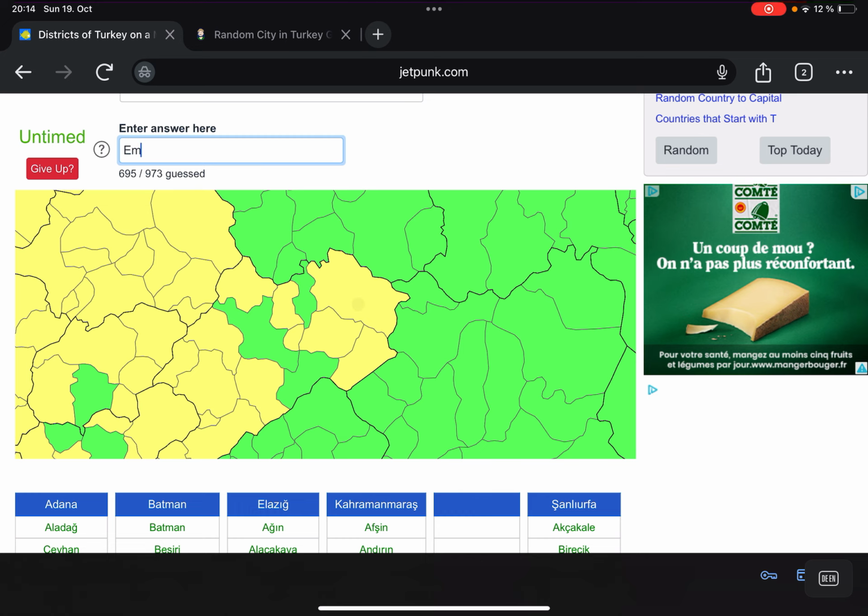So we have Emirdağ, Sultandağ, Bolvadin, Çobanlar, İslahiye, not İslahiye, İhsaniye, yeah. İscehisar.